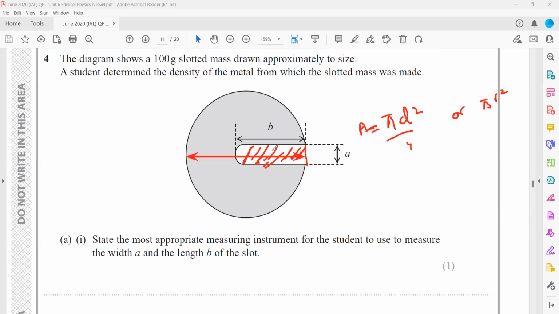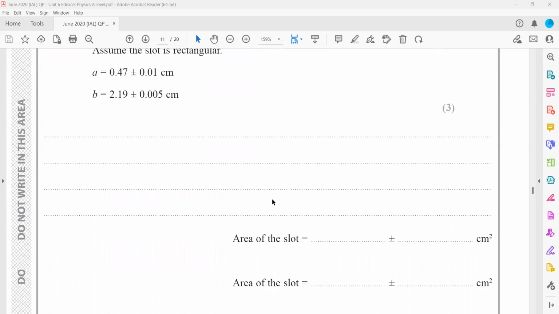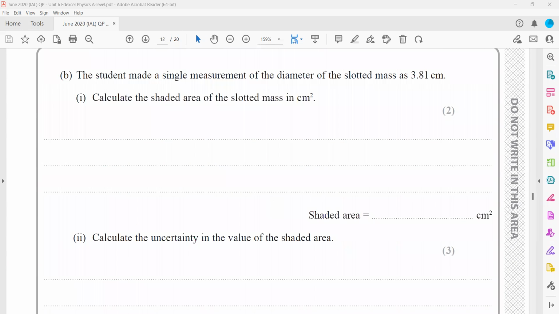The total minus the unshaded gives the total shaded area. So whole area minus the area of the slot.